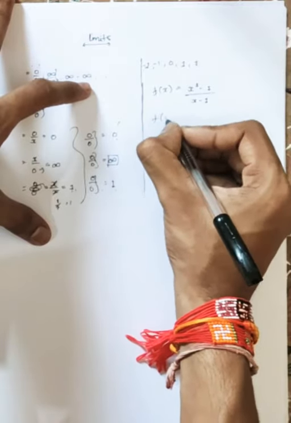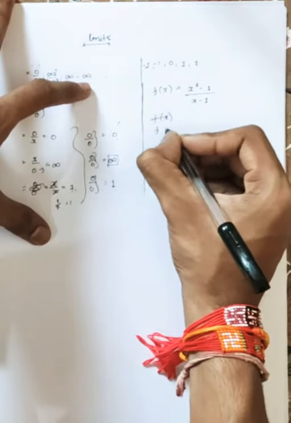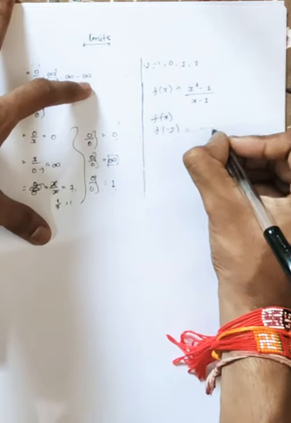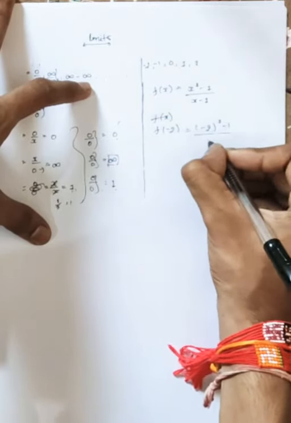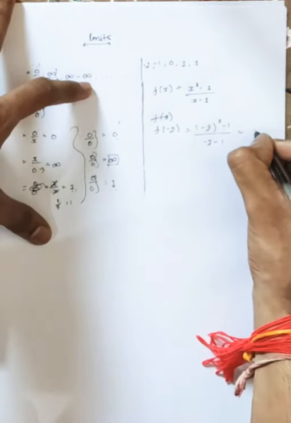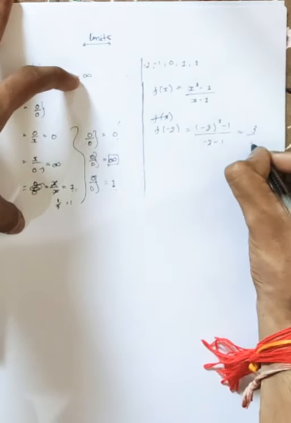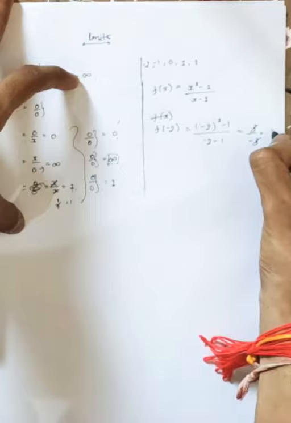For minus 2: minus 2 square minus 1 upon minus 2 minus 1, this gives 4 minus 1, which is 3, over minus 3, so this gives minus 1.